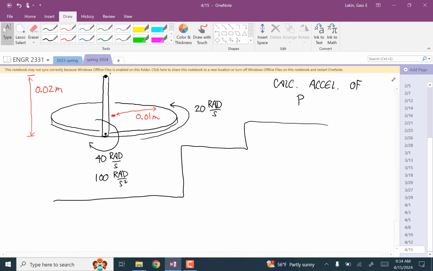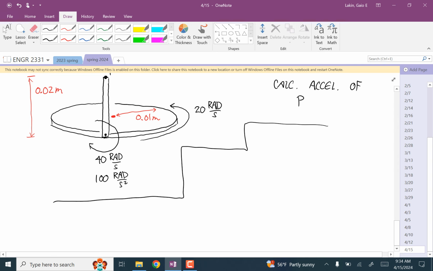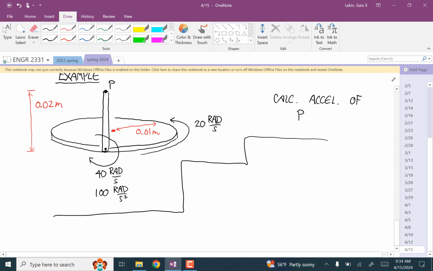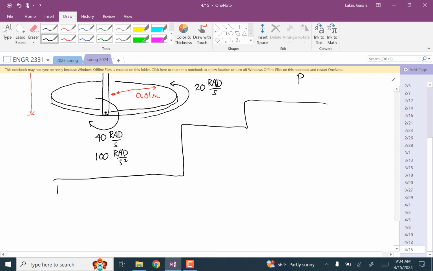So the first thing we have to do is identify the horse and the cowboy. What's the horse? Yep. And the cowboy is the arm.